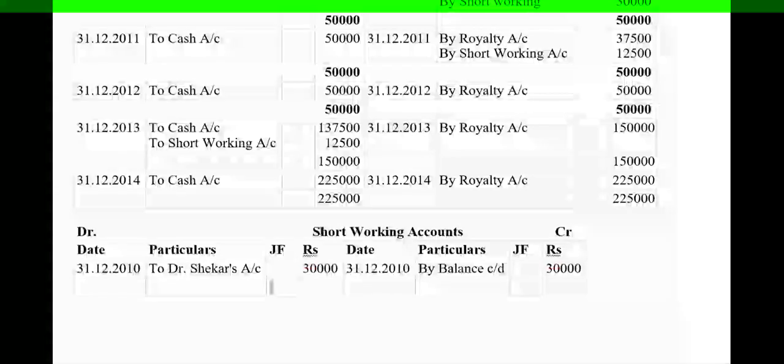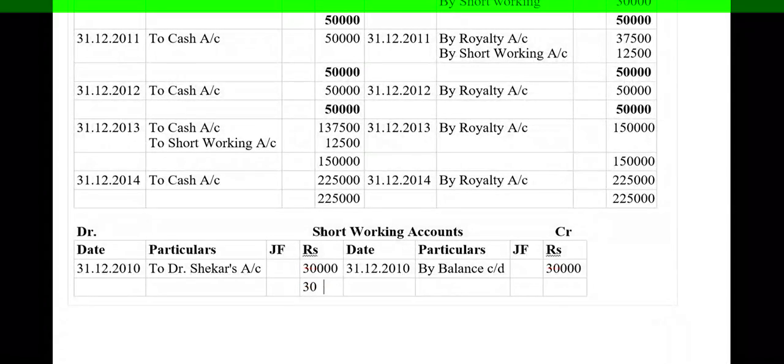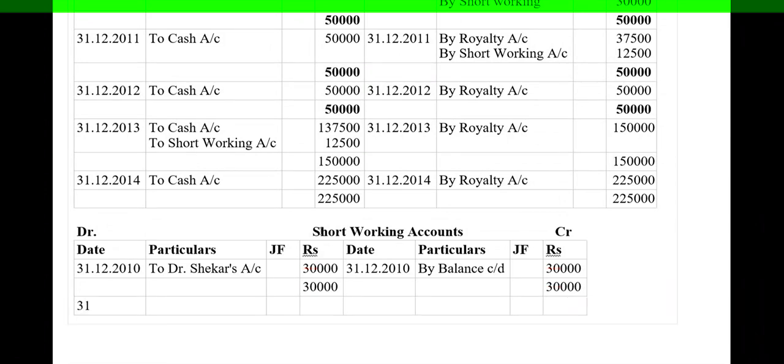Let's take the total here, 30,000. Here also 30,000. So on 1/1/2011, this is brought down here, so to balance brought down, that comes to rupees 30,000.